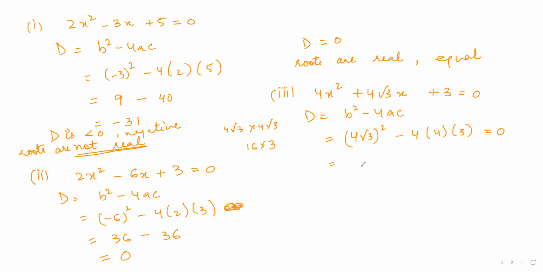So 16 into 3 here, minus 4 into 4 into 3, the 16 into 3 again. So I'm getting 0, right? Yes, ma'am.